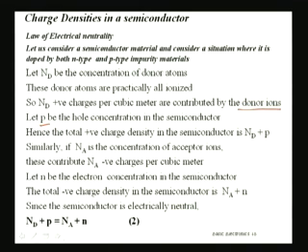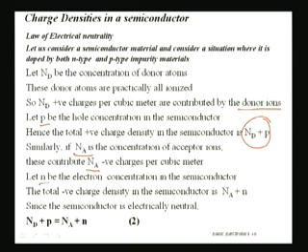So the total positive charge density in the semiconductor is Nd plus p, contributed by donor atoms as well as holes. Similarly, if Na is the concentration of acceptor ions, then these contribute Na negative charges per cubic meter, and let n be the electron concentration in the semiconductor.